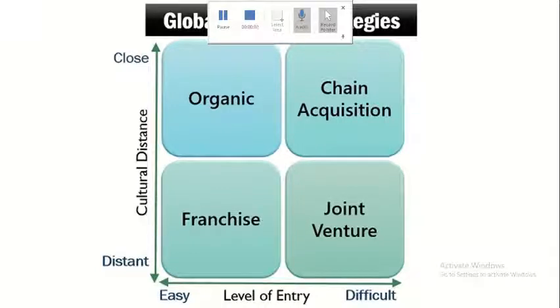Global retailing strategies. Before entering the global market, the organization needs to plan and decide on a suitable business model or strategy by adequately analyzing the potential market. There are four types of global retailing strategies.